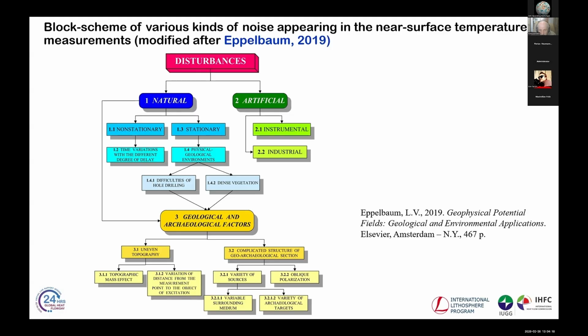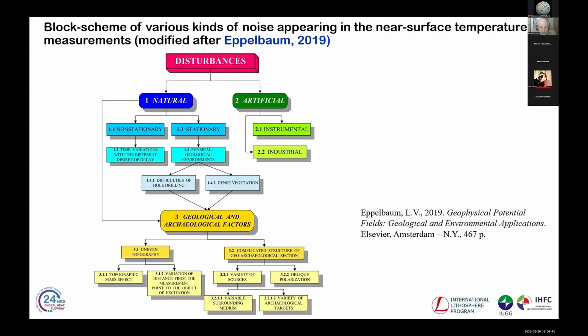So sometimes we have influence from some industrial object. About instrumental, now the precise temperature sensors allow us to measure the temperature with accuracy 0.001. It's a very high accuracy.